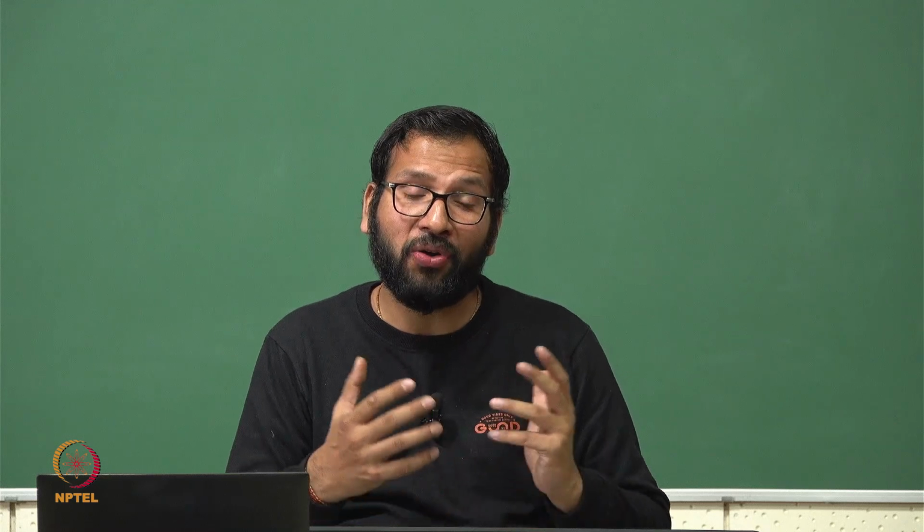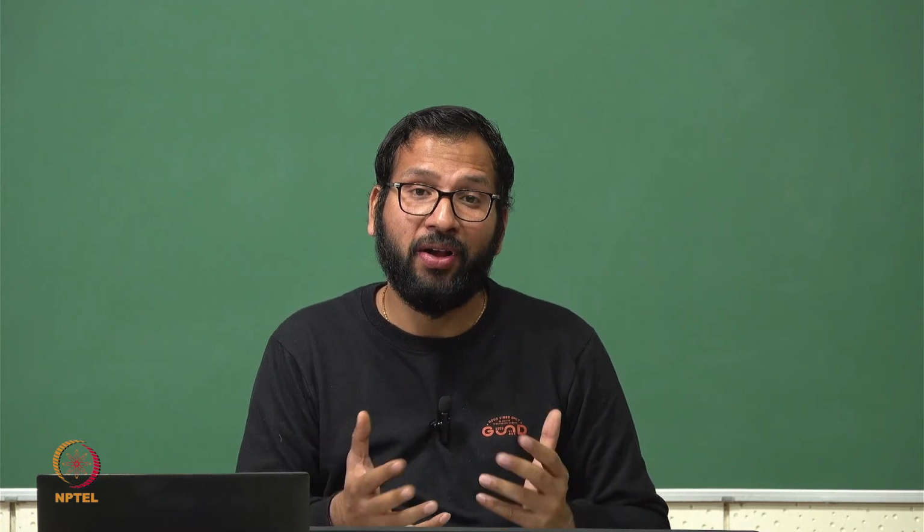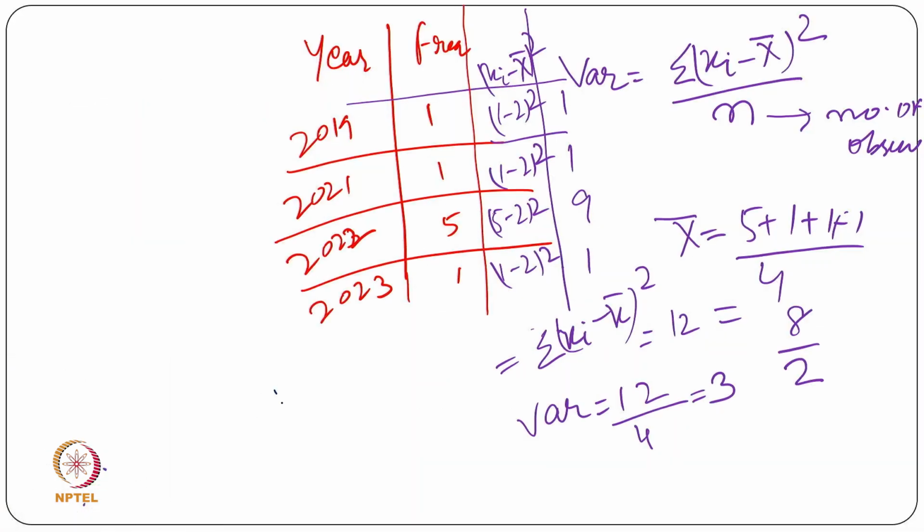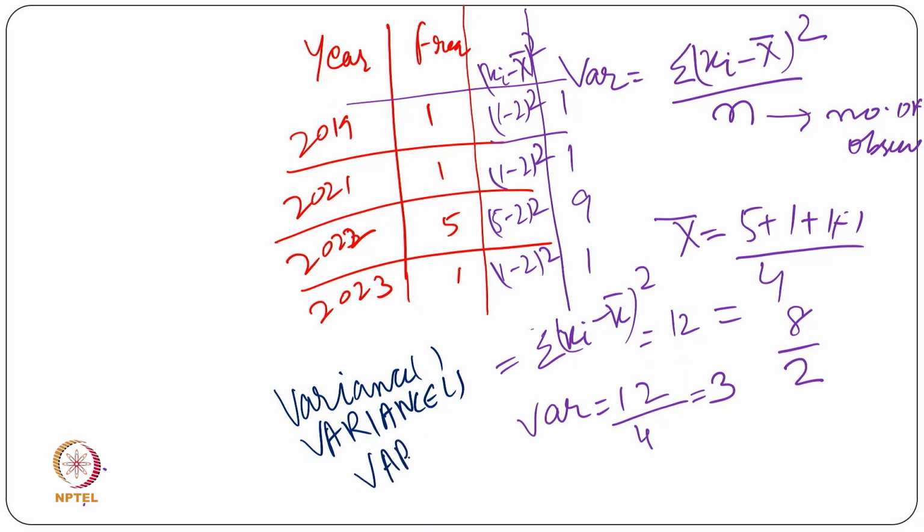Now think about what could be the possible name of the variance function. It can be variance, either in uppercase or maybe lowercase, or like this, or maybe this.